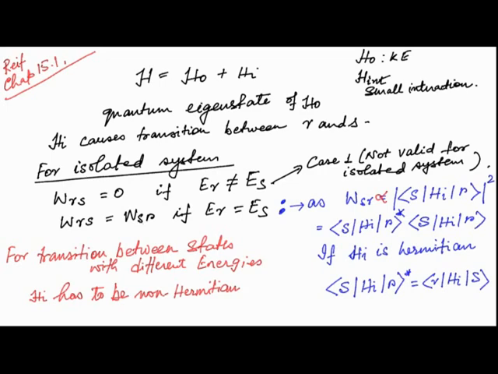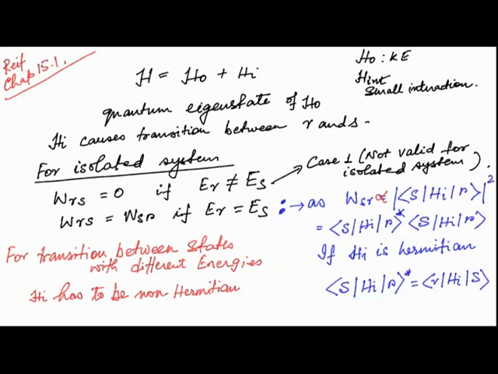And it can be seen from quantum mechanics. So if energy is the same, then the transition probability from R to S and S to R has to be equal, because the transition probability can be written as the bra R Hi ket S, absolute value squared, and basically you have this relationship.